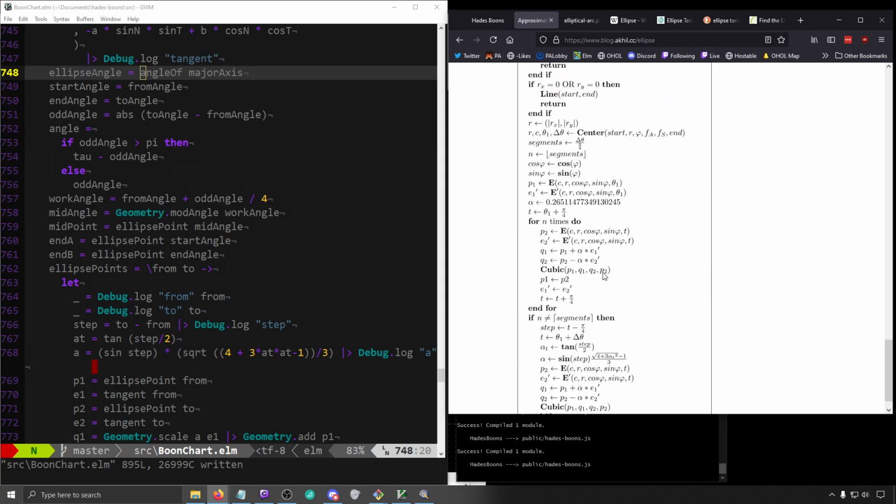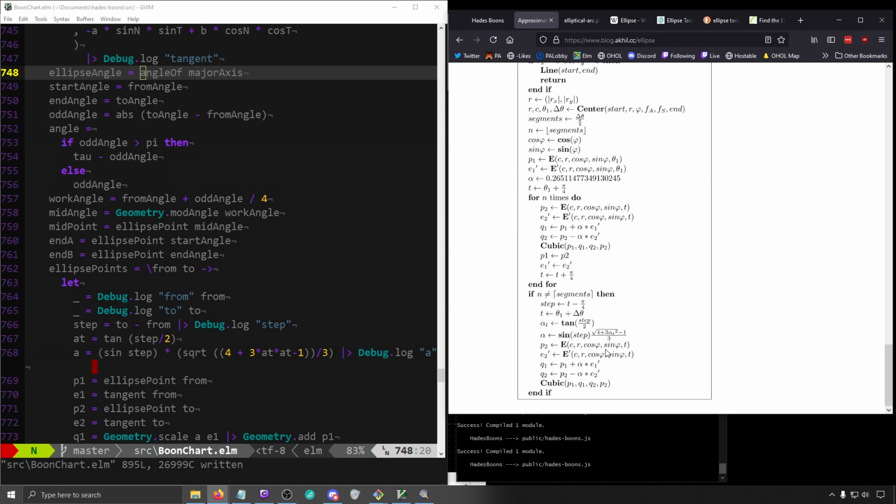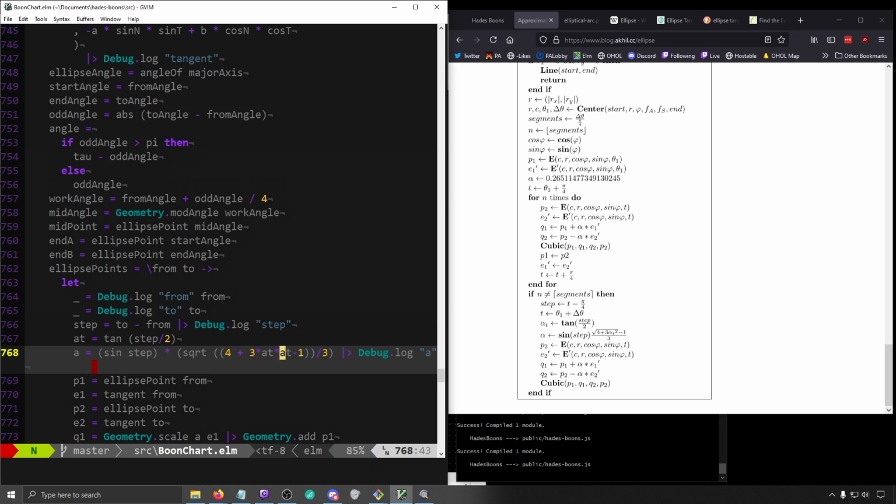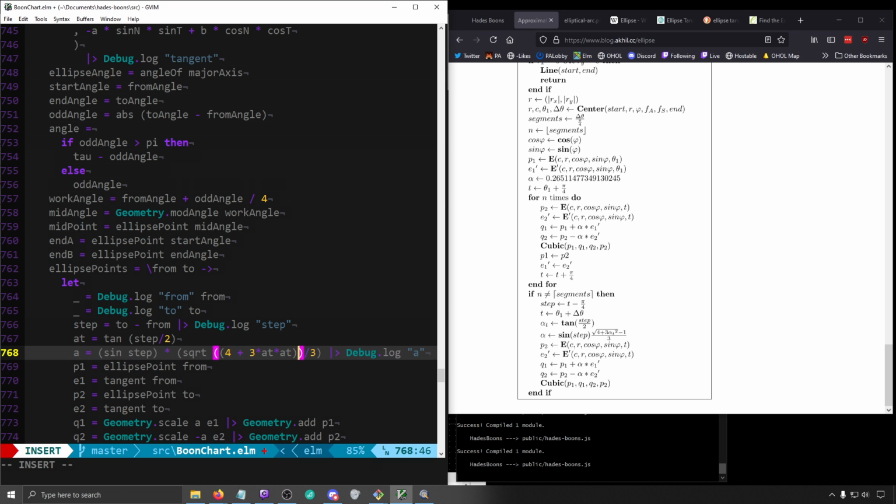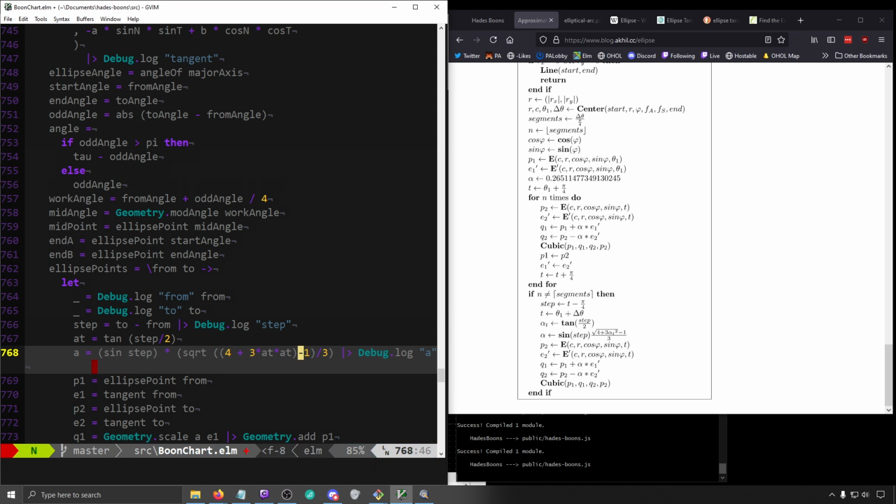So we have this stuff. Oh, did I put the -1 in the wrong spot? No, this is all the square root. That was just extra stuff.